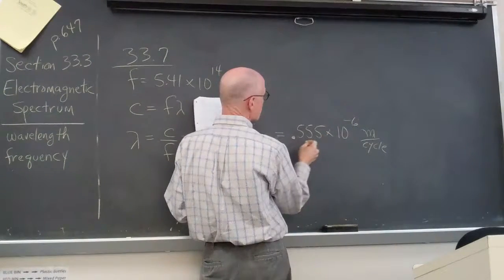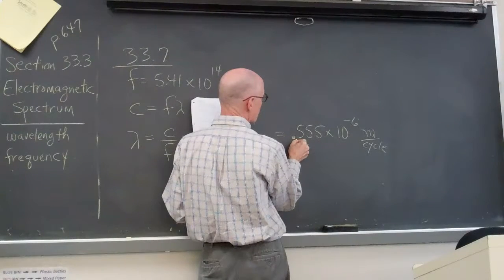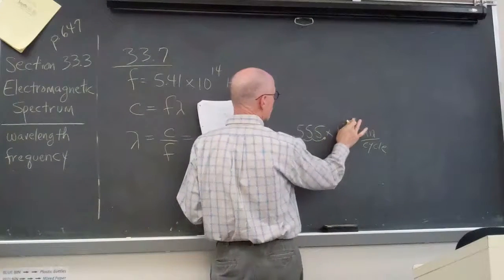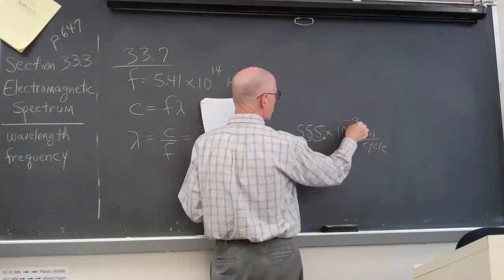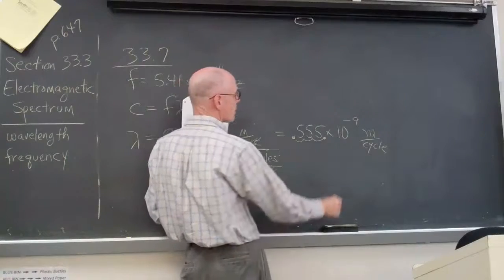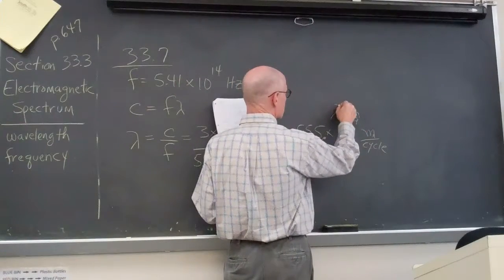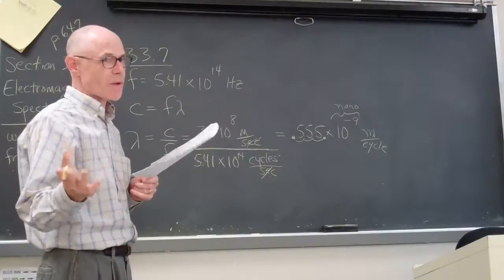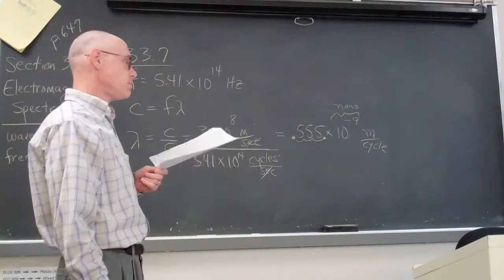And the way you would do that is if you move the decimal place over 3, that would cause the exponent to be minus 9, which is nano. So some of you may think through it that way, and that's okay.